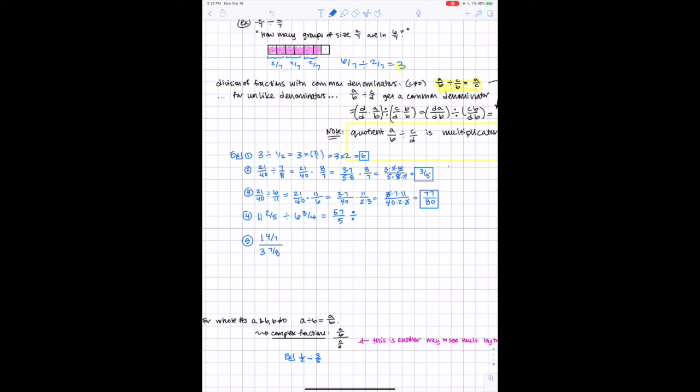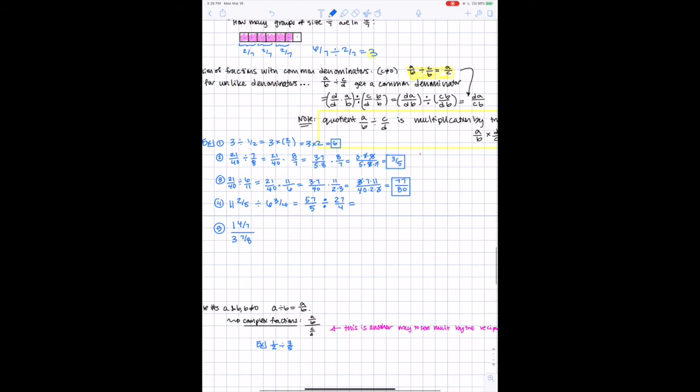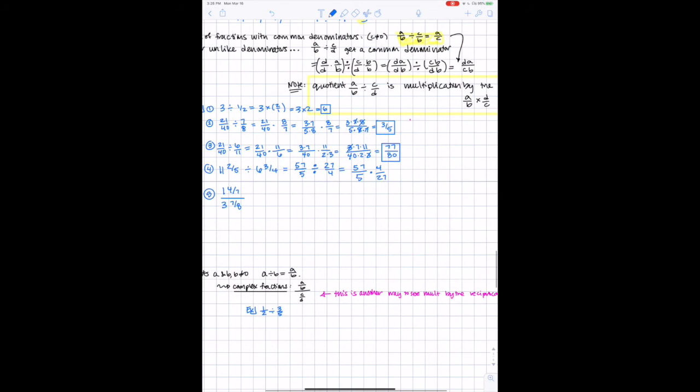So that's 27/4. And rewriting this division as multiplication, 57/5 becomes 57/5 times 4 over 27.